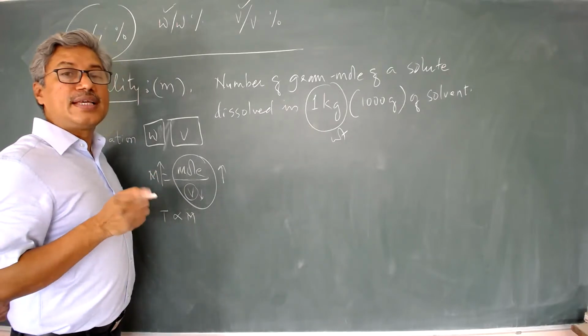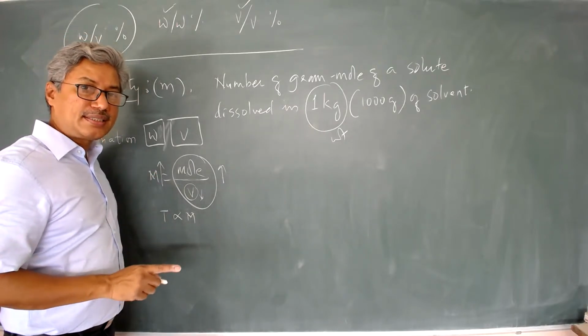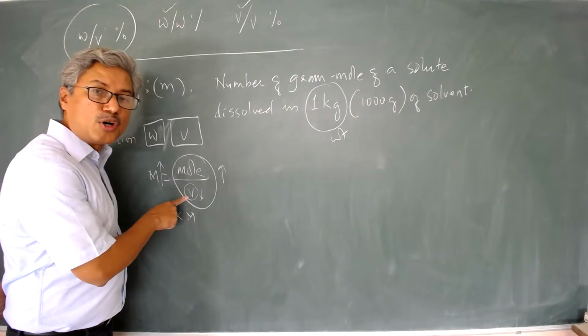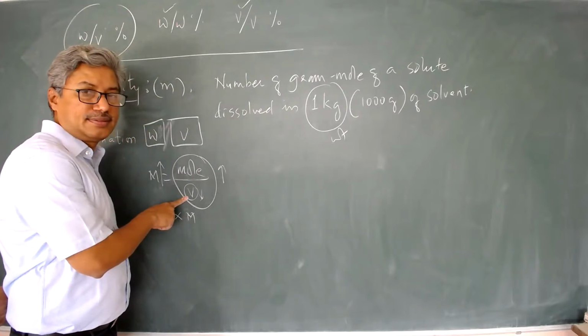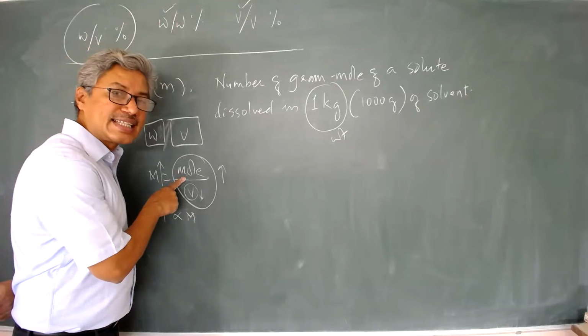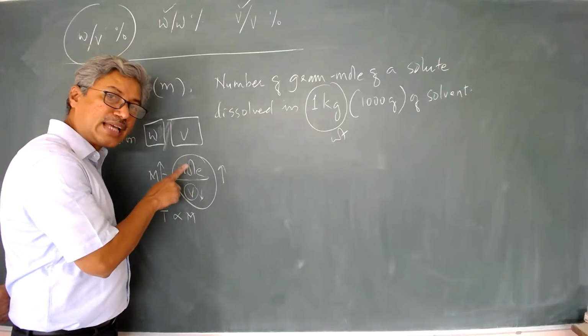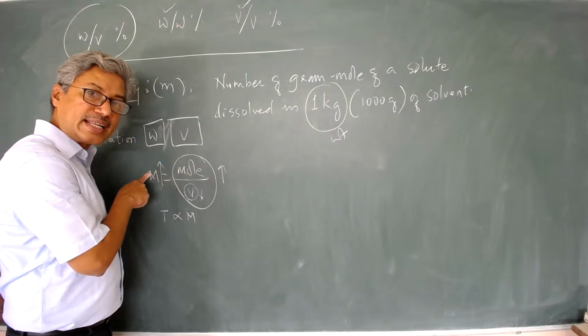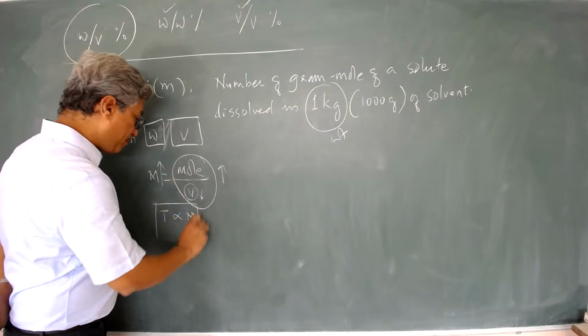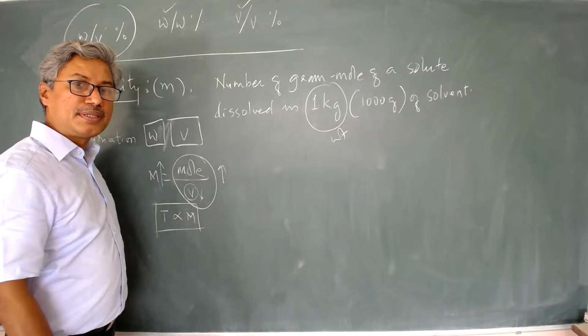Increase in temperature decreases the volume of the solvent, increases the number of moles per liter. That's why molarity will increase, and hence molarity is directly proportional to temperature.